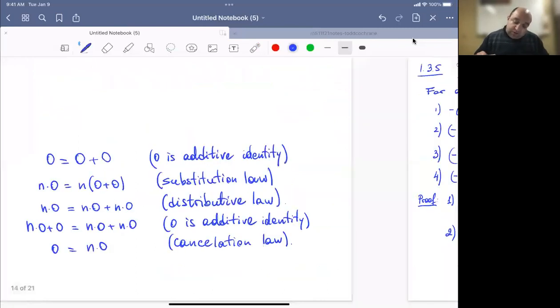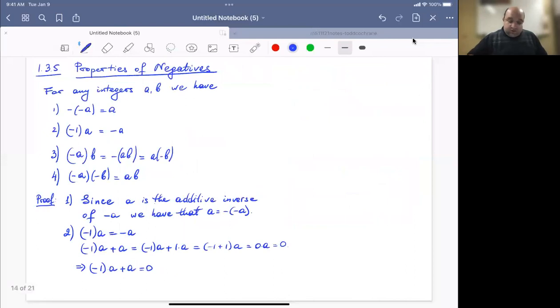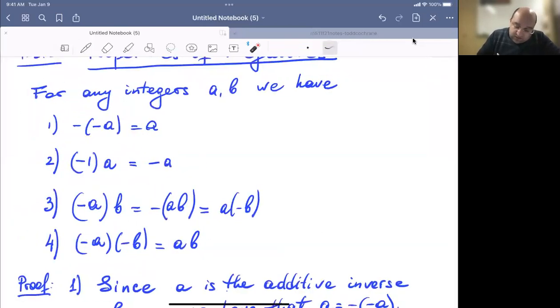Okay, so the next property, some of the properties that are proved in the next example are the properties of negative numbers. So this includes the facts that if you take the additive inverse of the additive inverse of A, so that's what the minus means, right? You get A again.